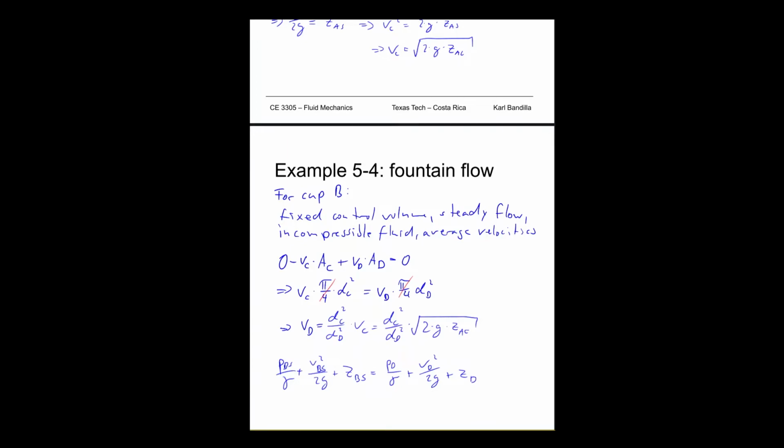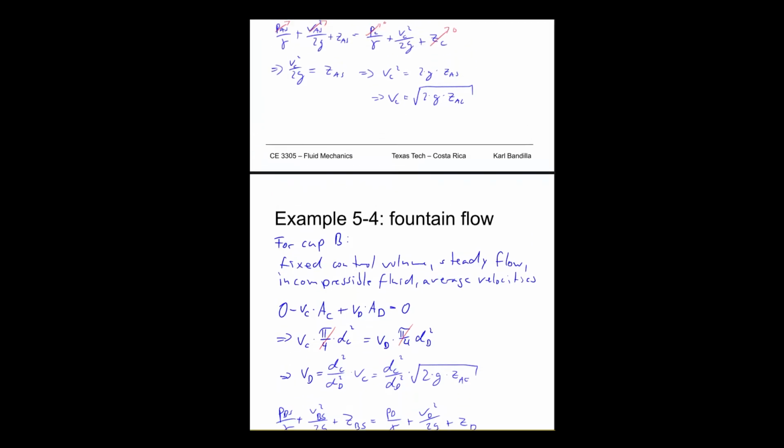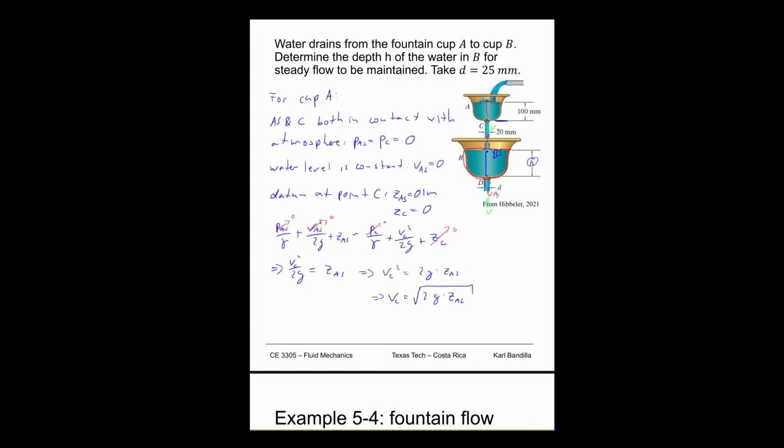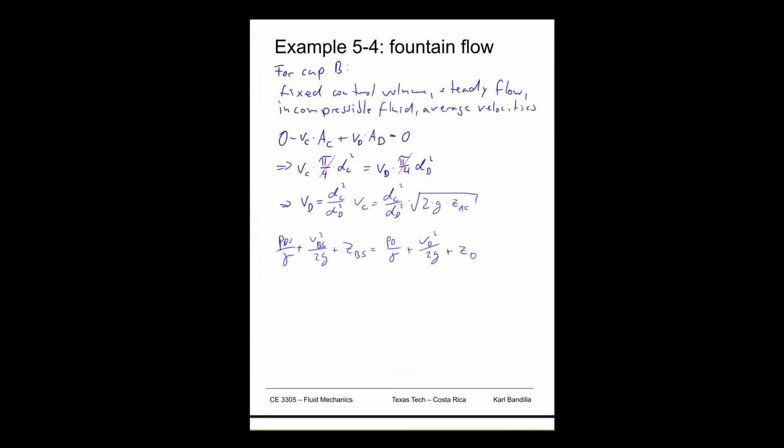So what can we gather from there? We're still looking for H to come into the picture. So let's look at our pressures first. I know that both BS and D are in contact with atmosphere.